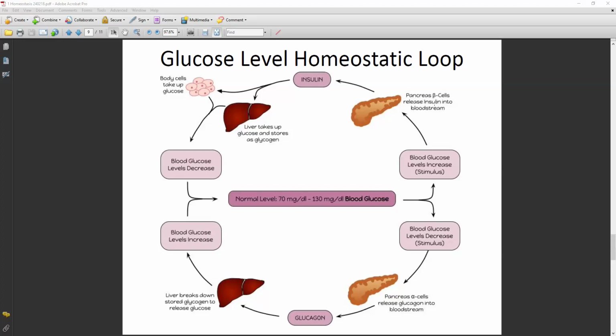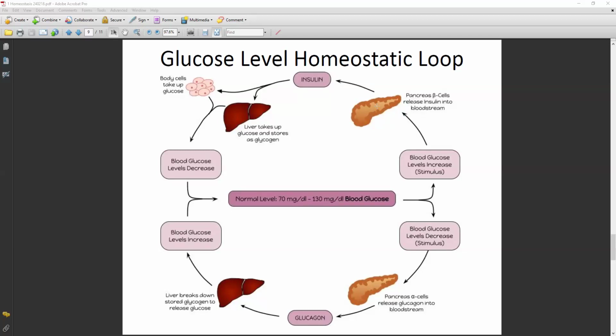So the beta cell detects it, then it sends a signal to the integrator. In a general situation, our body has an integrator in our brain, but here the integrator is the beta cell itself. There are sensors in the beta cell that detect it, and the beta cell itself responds directly.